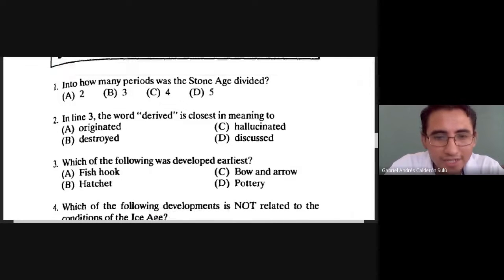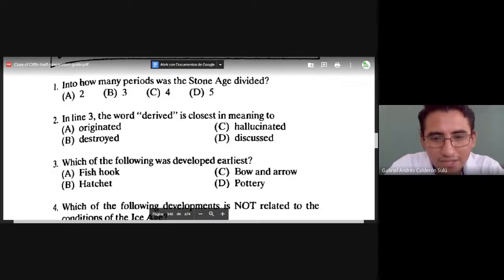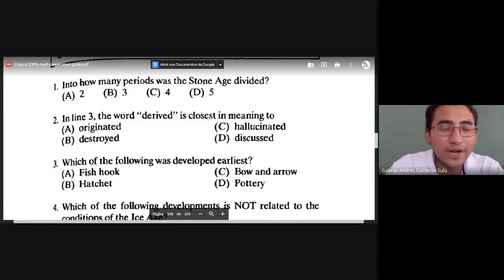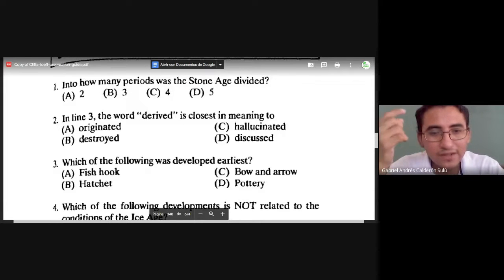The next question, number 3, which of the following was developed earliest? Fish hook, hatchet, bow and arrow, and pottery. So here you need to practice your memory. You can memorize elements with the first letter, like FHBP: fish hook, hatchet, bow and arrow, and pottery.